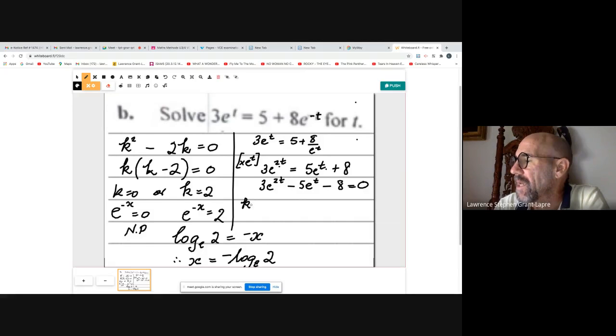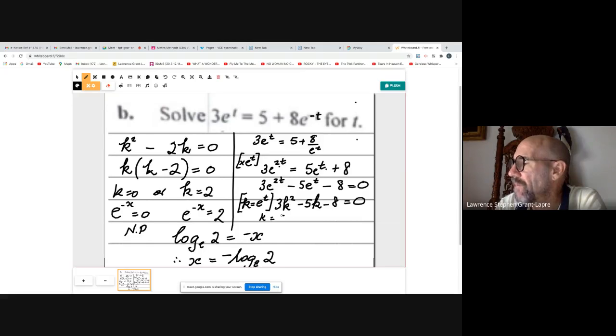Now, if I let k, a constant, equal e to the t, then this is really 3k squared minus 5k minus 8 equals 0. Now, will this factorize? b squared is 25, minus 4 times 3 times negative 8, you get 121. Yeah, it will factorize. But let's just use the quadratic formula.